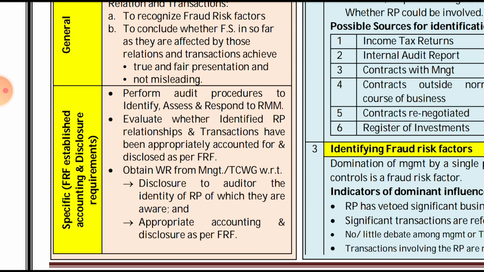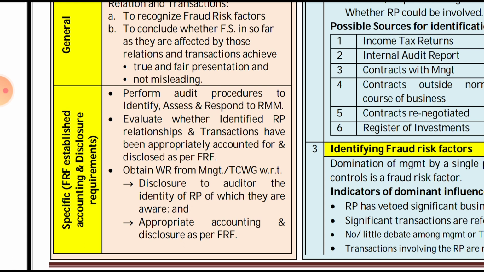Then the specific responsibilities, where the FRF establishes accounting and disclosure requirements. First, perform the audit procedures to identify, assess, and respond to the risk of material misstatement. Identify and assess is basically SA 315, and response to risk of material misstatement is SA 330. Then the second point is that it has been properly accounted for and disclosed.